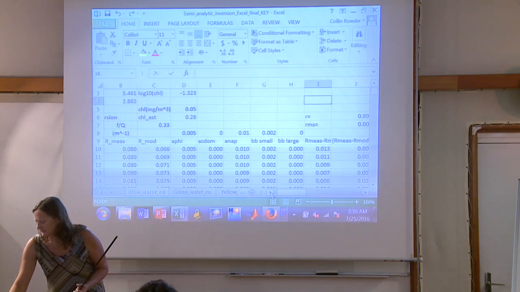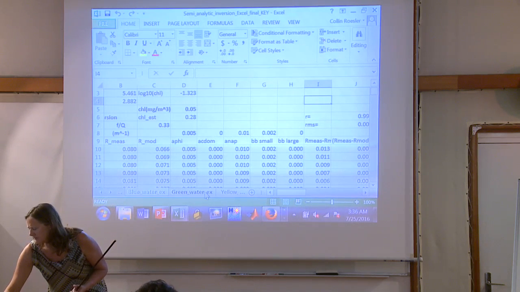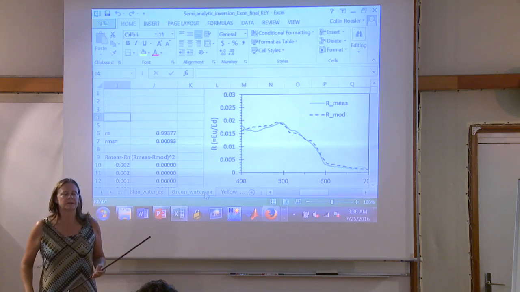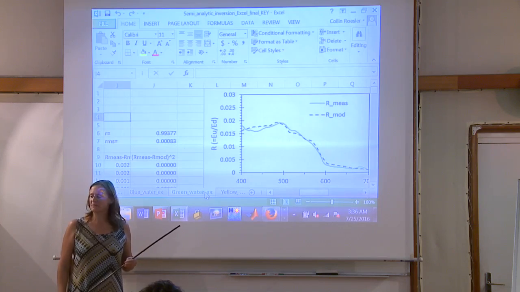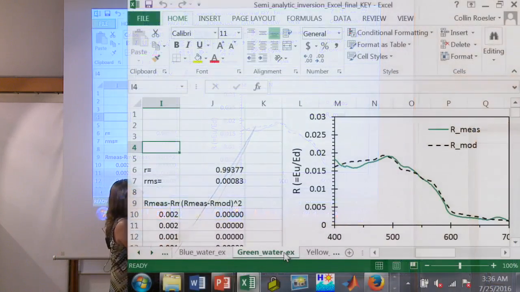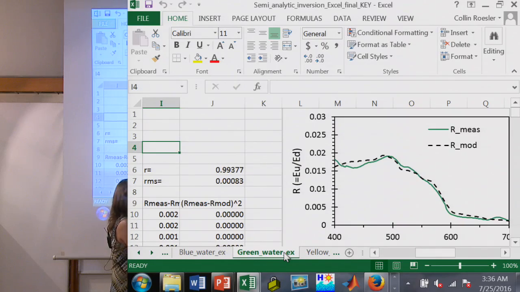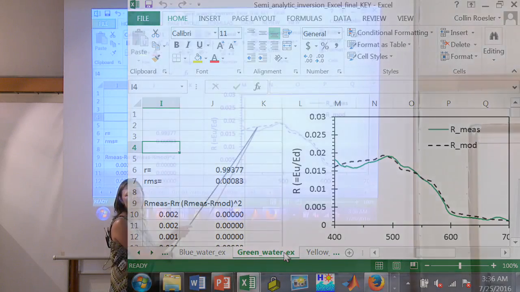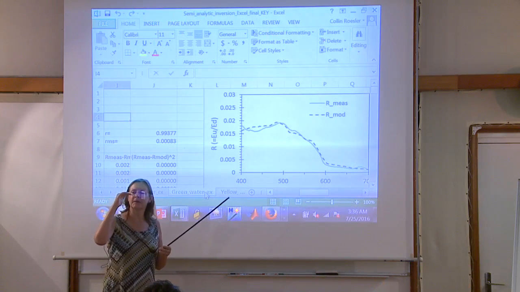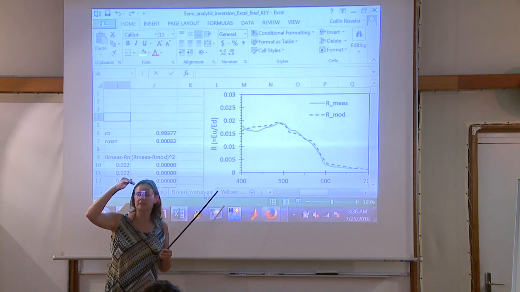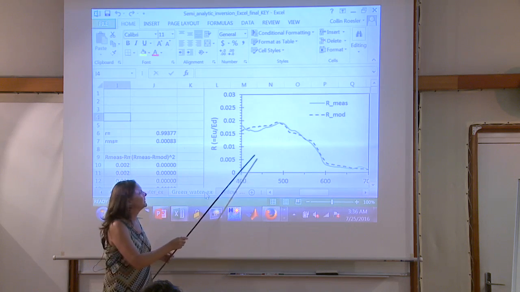So if we go to the green water, this is about what I got. And again, you see, this is about 440 right here. So this suggests that the model doesn't have enough absorption at 440, which would mean that the shape of the eigenvector probably needs to be a little bit peakier in order to model that.